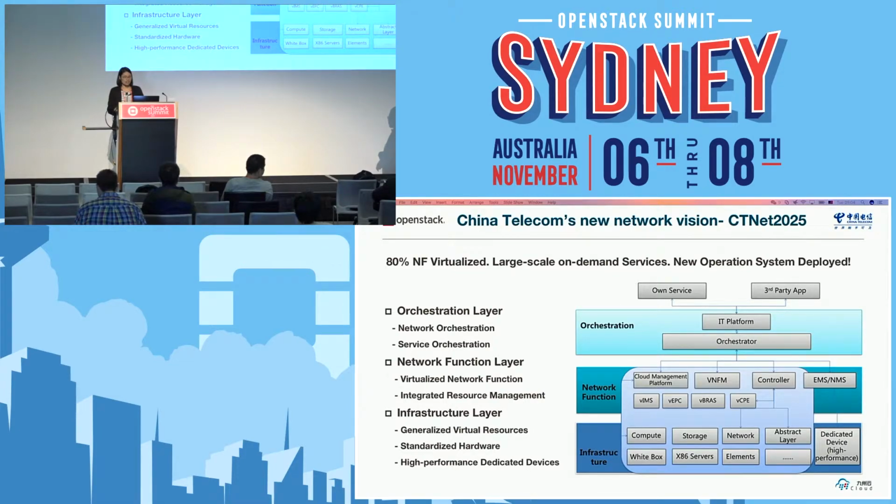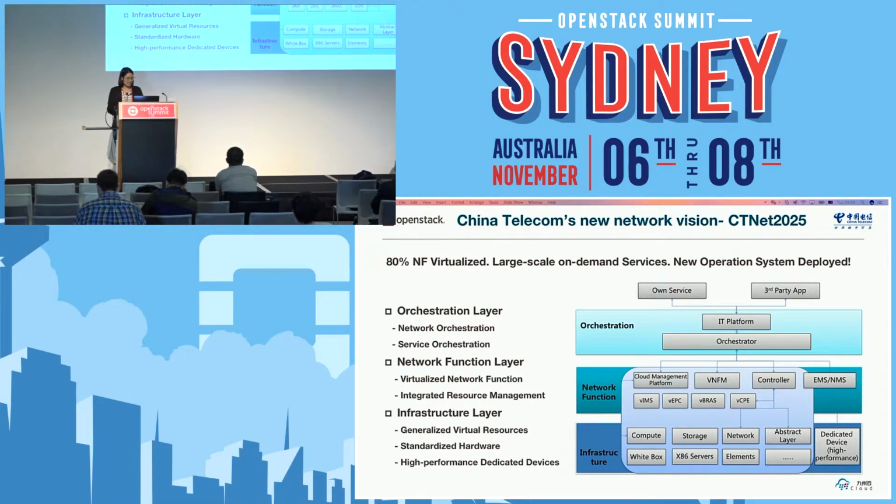In this layer, we will mostly adopt standardized devices like white box devices and x86-based servers. For some special services that require high performance, we will keep providing dedicated devices. In the middle layer, we will provide virtualized network functions, like vIMS, vEPC, vBase and other elements.